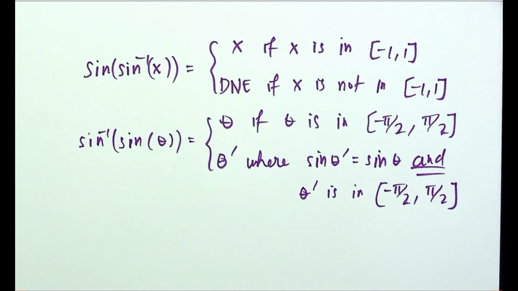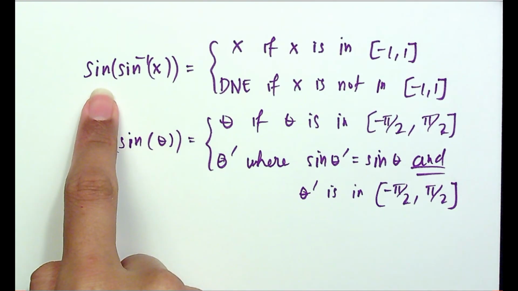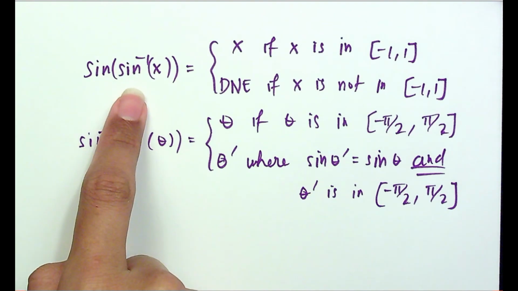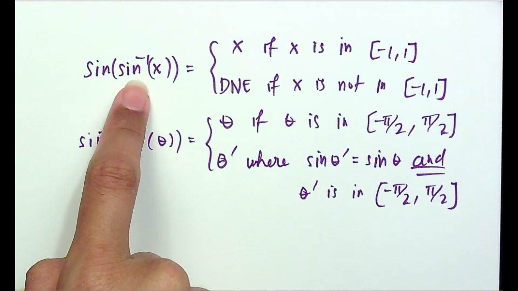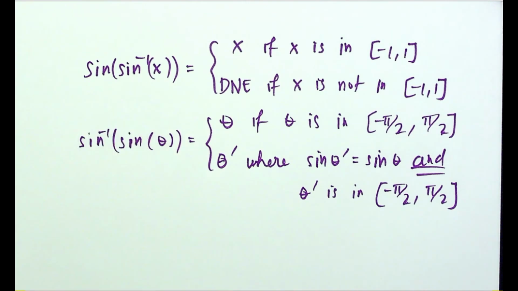To summarize how to evaluate composition of trig functions with their own inverses, there's two possibilities. Either the inverse function is inside or the inverse function is outside. If the inverse function is inside, then as long as the x is in the domain, these two are always going to cancel each other out.